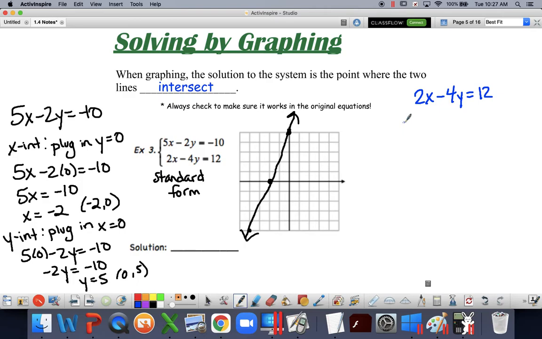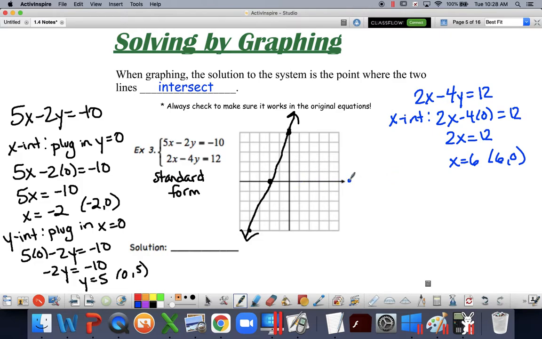Let's do the same thing with our other equation, 2x minus 4y equals 12. I encourage you to pause the video and try finding the x and y intercepts on your own. For my x-intercept, right, I'm going to plug in y is equal to 0. So I get 2x minus 4 times 0 equals 12. So I get the point 6, 0.